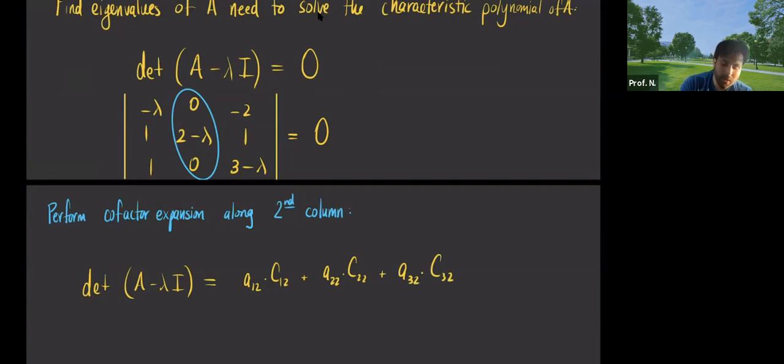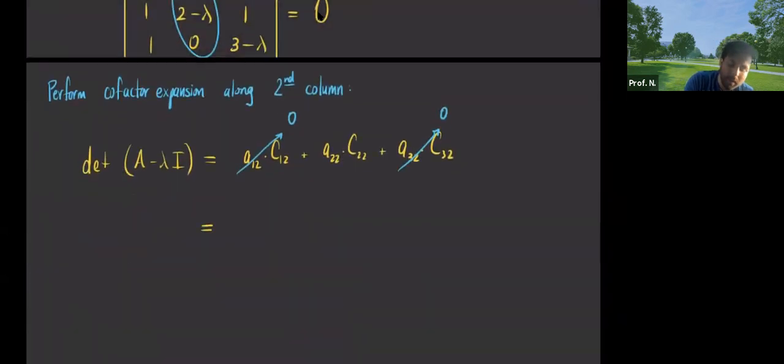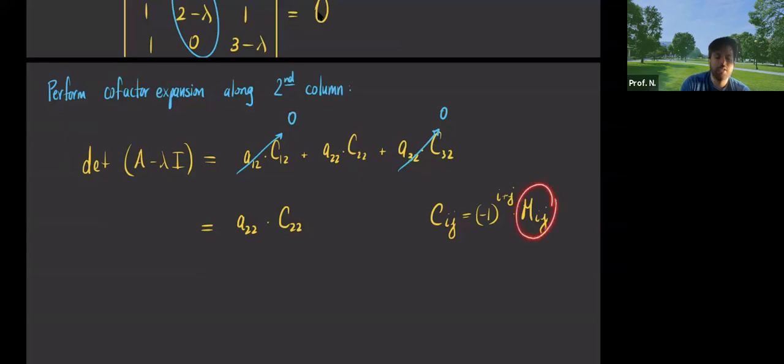Now, A12 is 0, and A32 is 0. So really, I only have to do this once. This is A22 times C22. But remember what Cij was? This was negative 1 to the i plus j multiplied by M of ij. And M of ij is the determinant of the submatrix that's crossing out the ith row and the jth column.